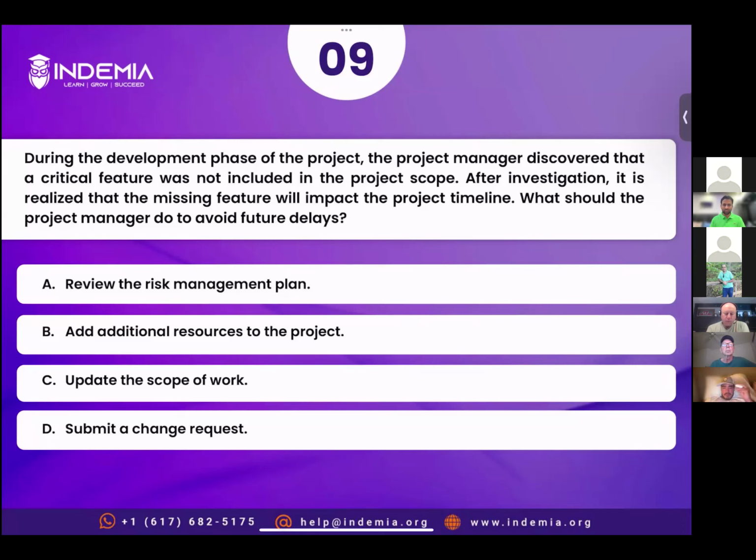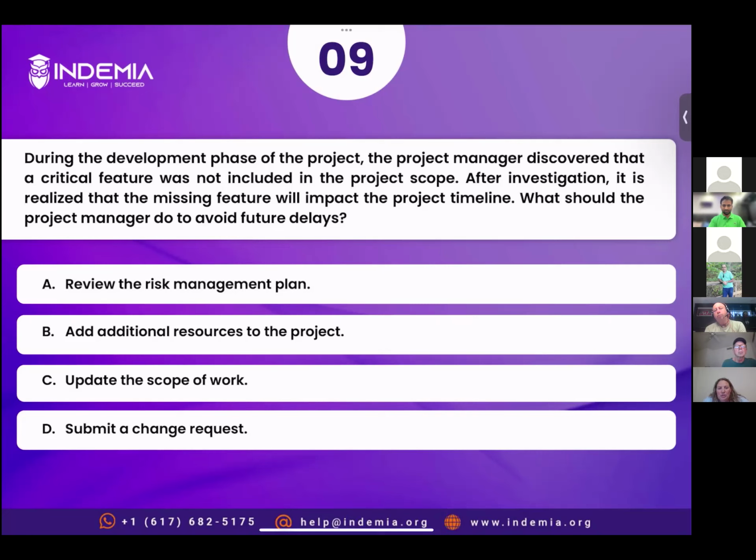All right, thank you. Nikki, you have chosen option D. How would submitting a change request avoid future delays? So my thought here was to submit the change request first, because we know it's coming, because he's already said after the investigation they've realized something important is missing and it will affect the timeline.